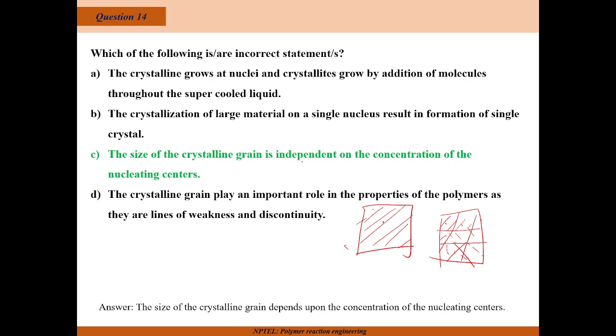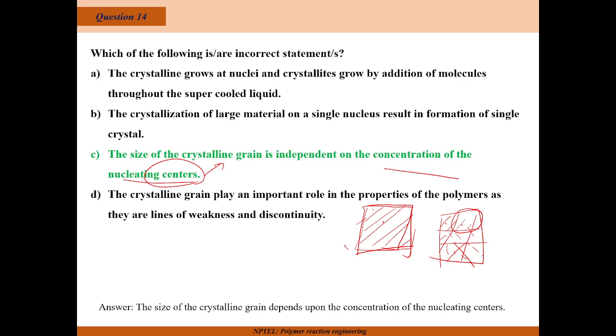So definitely it is not independent, and the concentration of the nucleating centers will influence the size of the crystalline grain. Here the entire thing is one crystalline grain, whereas here the crystalline grain is only this much.